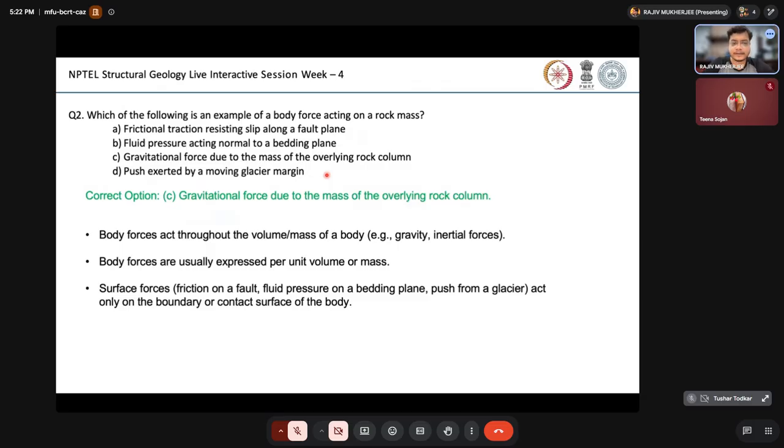So within the object, gravity or the hydrostatic stress or the mean stress, they will act homogeneously all the way through the entire volume, and it will not be dependent on the orientation with respect to the plane and how the forces are being applied.